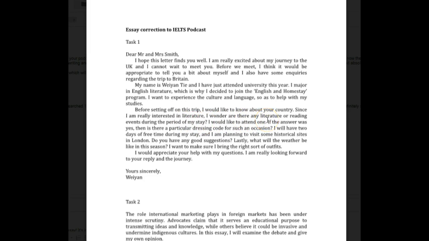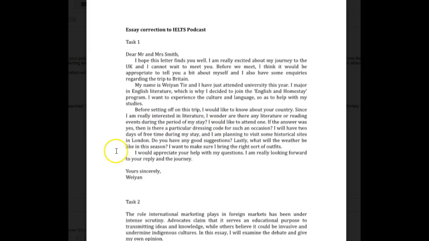Then you could say, if yes, or if so, that would be even better, okay? So, if so, is there a particular dress code for such an occasion, okay? So this should say, if so, and then is there a particular dress code for such an occasion?